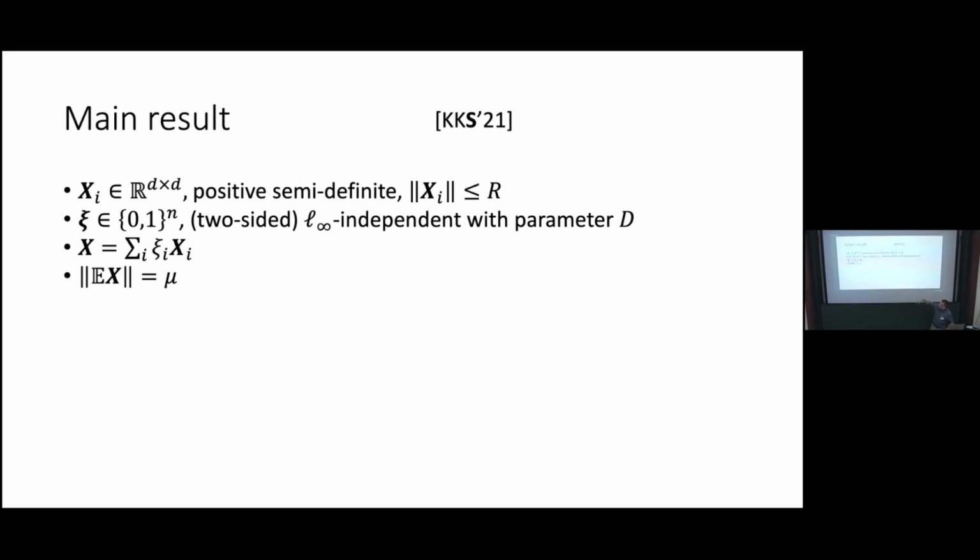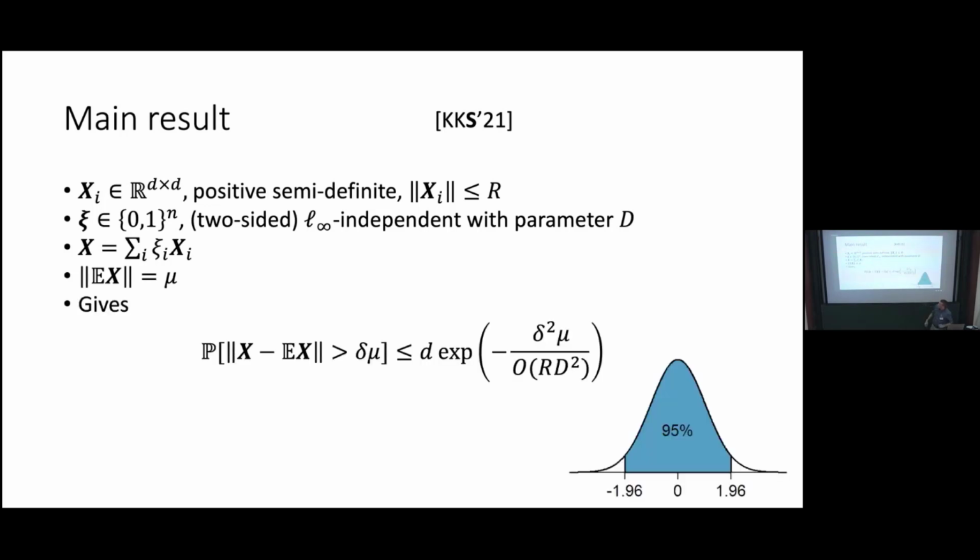So again, we look at this sum, and here we obtain this result. You can see that if D is actually a constant, for example 2, then here we obtain exactly the same form as the independent bound, with different constants in the exponent.